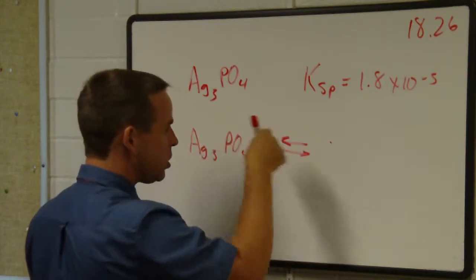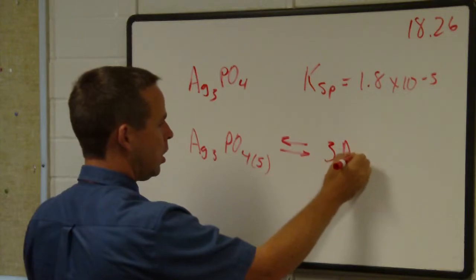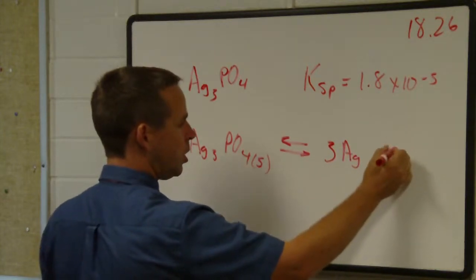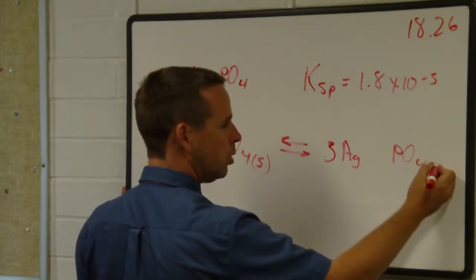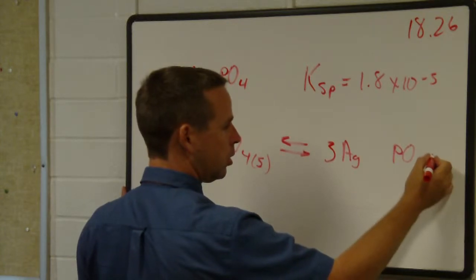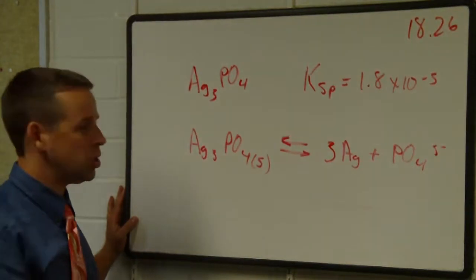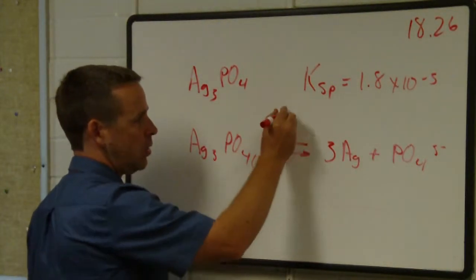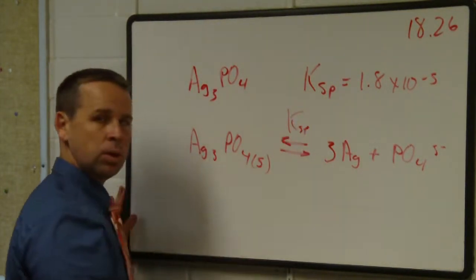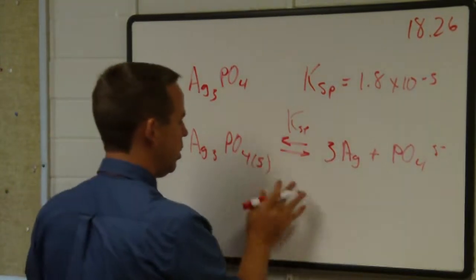The dissociation is 3 Ag+ for every one PO4 3-. All right, so that is the dissociation expression, and the KSP would be the K for this equation here.